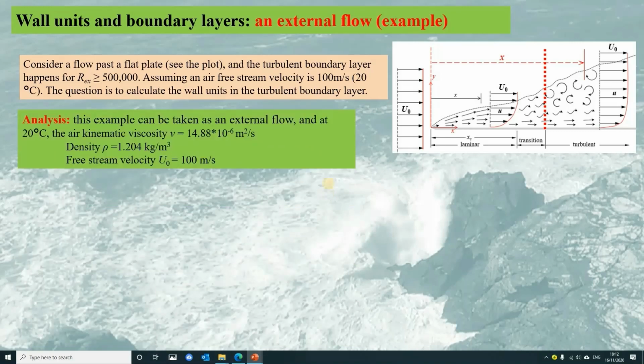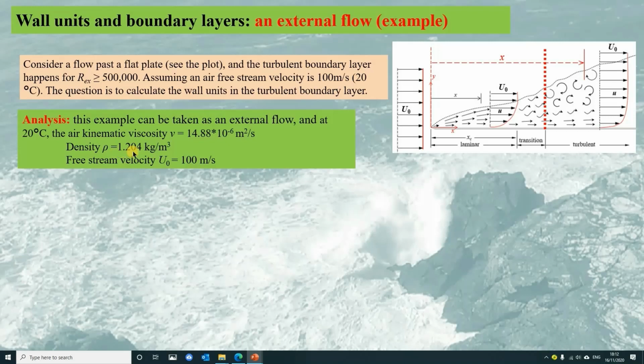In the problem analysis, this example can be regarded as an external flow, and at 20 degrees, the air kinematic viscosity nu is 14.88 times 10 to the power of minus 6 meters squared per second.